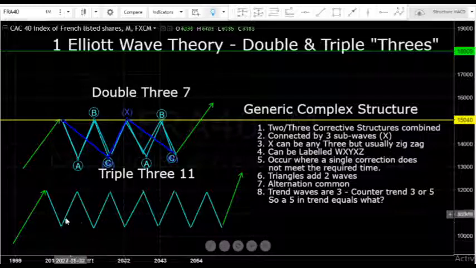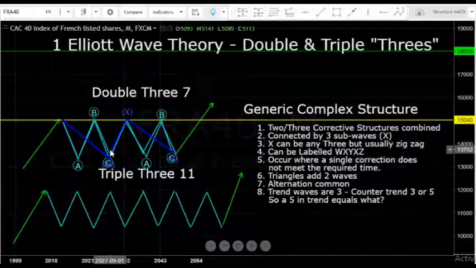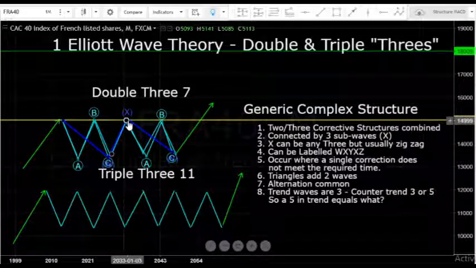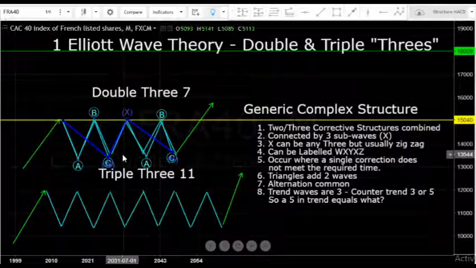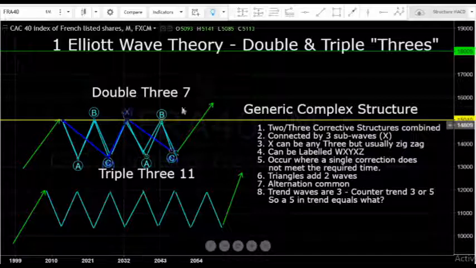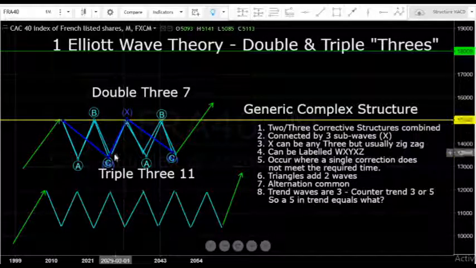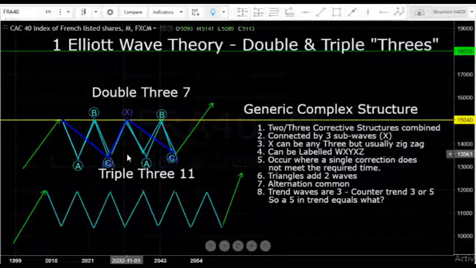Well, if you have a situation where you have an A, a B, a C, if this isn't a three wave, this X, as we've labelled it here, remember we're talking about these in development, guys, where we don't know what's going to happen over here. What would happen if we got a 5-wave structure in there rather than a 3-wave structure? Well, that would tell us that our corrective structure is over.